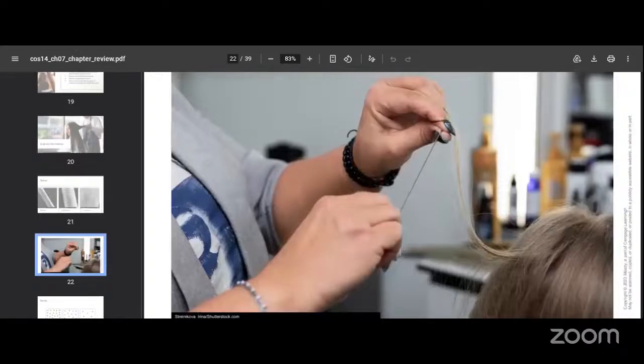Yesterday I said we're going to pick up at density. Density is the amount of hair per square inch. I want you to understand that. What does that mean?